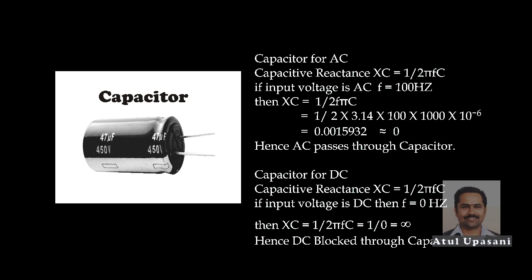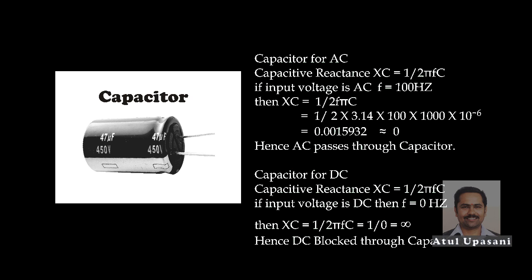If you calculate Xc, it is 1 upon 2 into 3.14 into 100 into 1000 into 10 raised to power minus 6. That means we have used a capacitor of value 1000 microfarad, and 100 is the frequency. If you calculate it, it comes to 0.0015932.